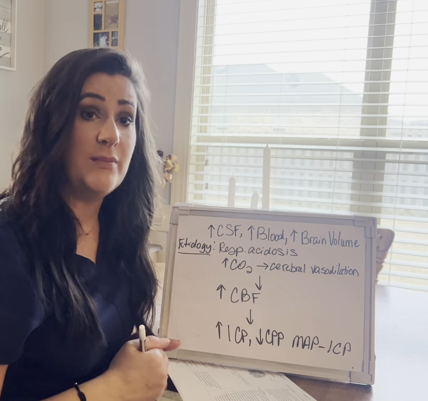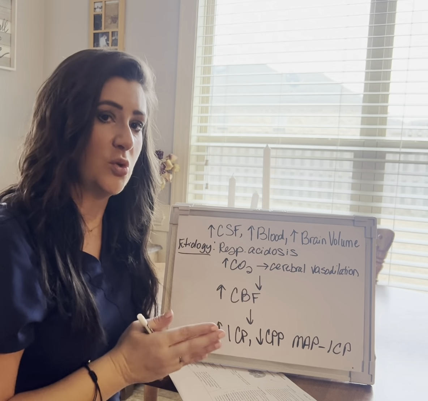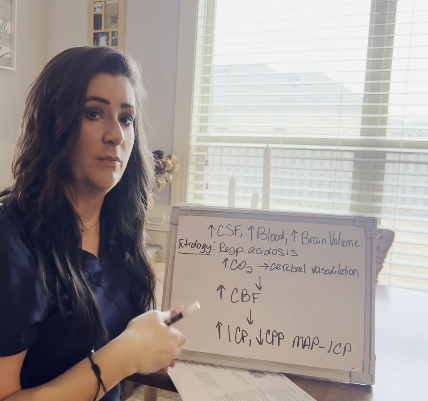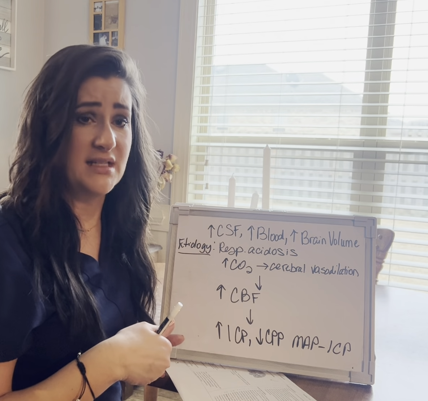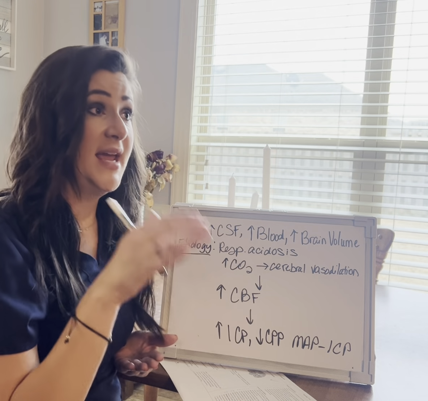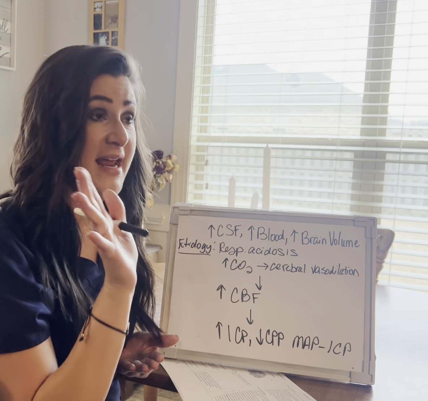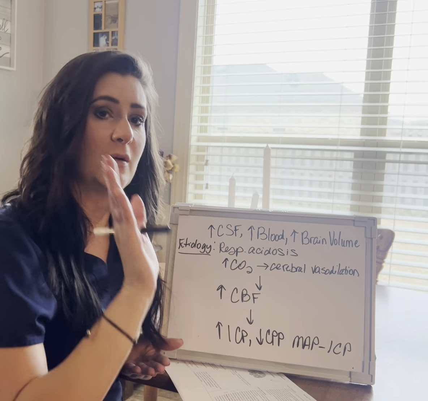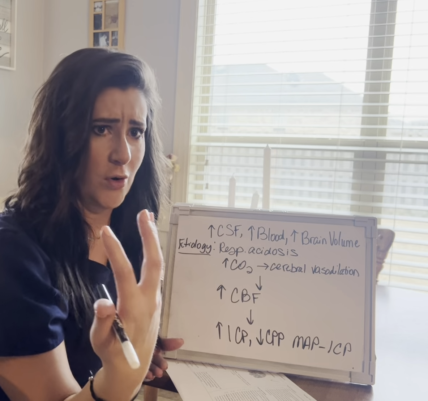Okay, so we're going to keep that head of the bed elevated to facilitate venous drainage from the skull. So at least 30 degrees. We're going to avoid head and neck flexion at all costs. So we're maintaining that head and neck in kind of a neutral position. You might hear that word on an exam.